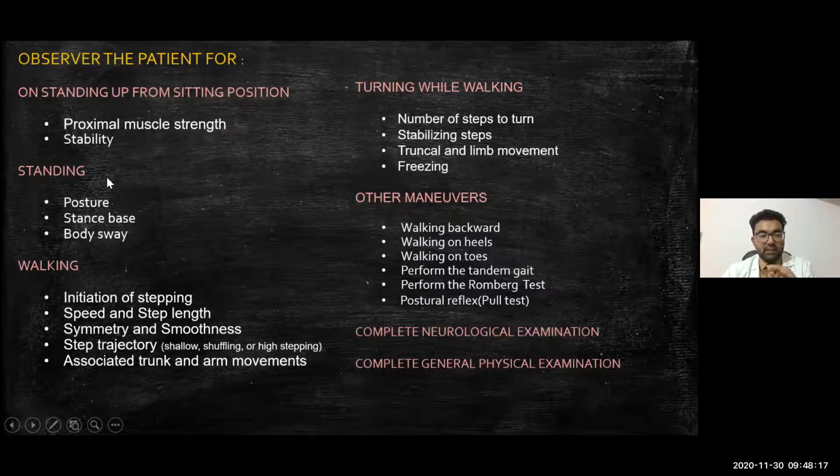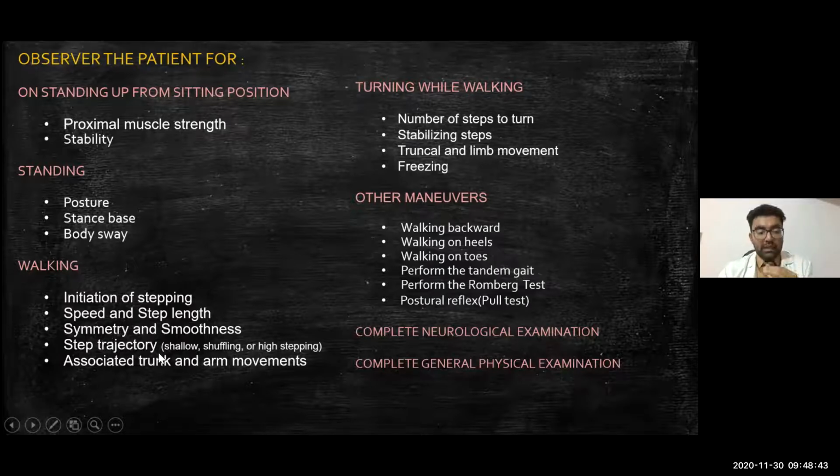While the patient is standing, look at the posture, look at the stance, and look for whether the patient has any body sway or not. While the patient is walking, look for initiation of stepping, then speed and step length. Then look for symmetry and smoothness of steps.